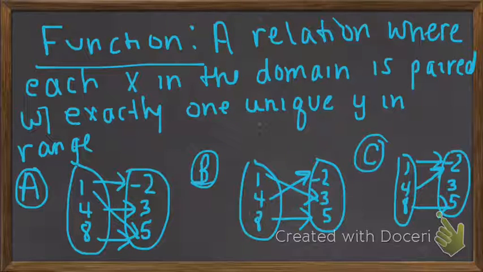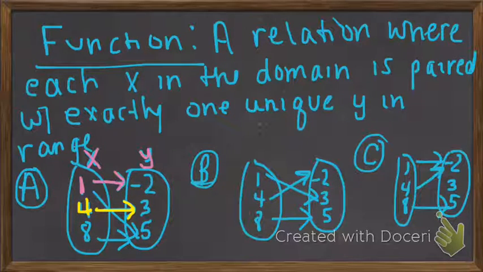So if I were to look at the 1, for example, 1 only gets paired up with -2. If we look at the next one, 4 is only paired with the 3.